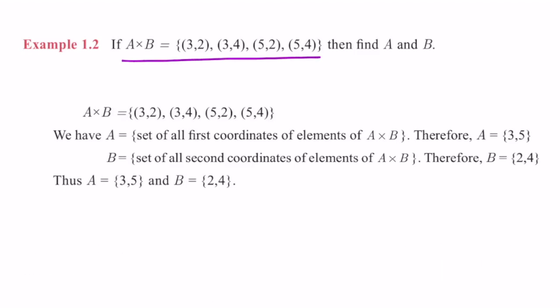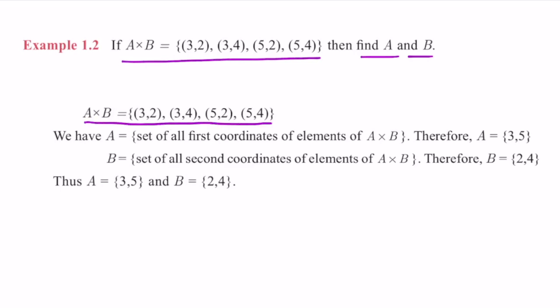They have asked you to find the set A and the set B. So now let us take the given set A cross B. Now we have to find the set A. Set A consists of all the first elements of the ordered pairs. So we see 3, again 3, 5 and again 5 are the first elements of these ordered pairs. So A is a set with elements 3 and 5.